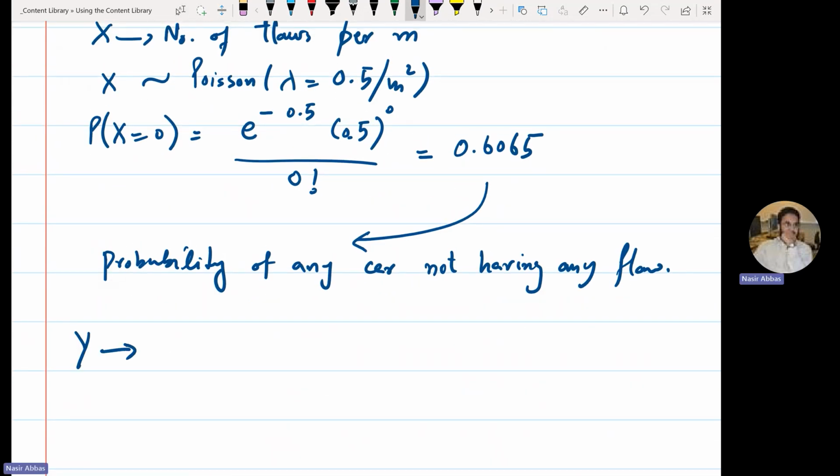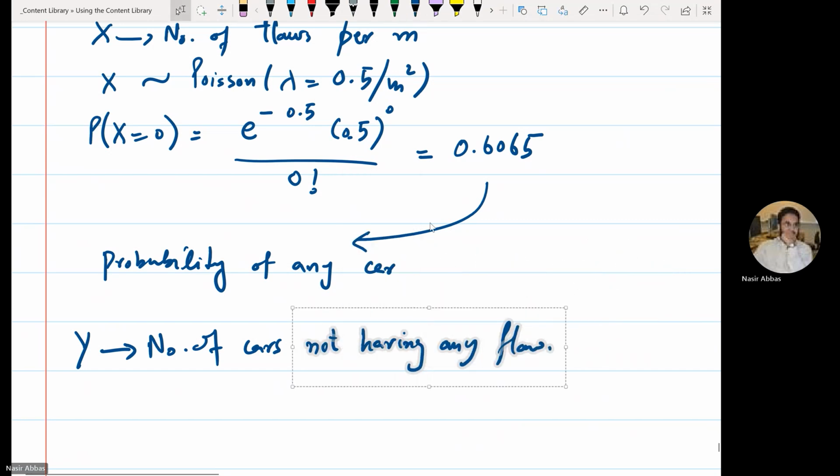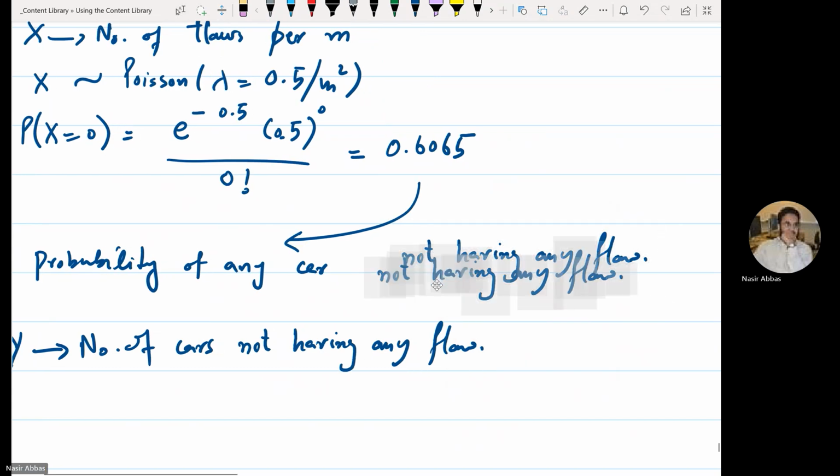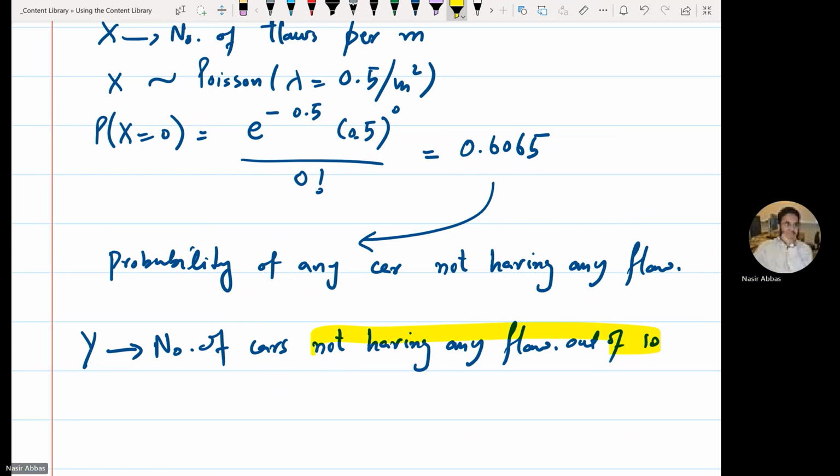Define another variable Y, which is the number of cars not having any flaw out of 10. Are the cars independent of each other? This is success. Not having any flaw is actually a success.